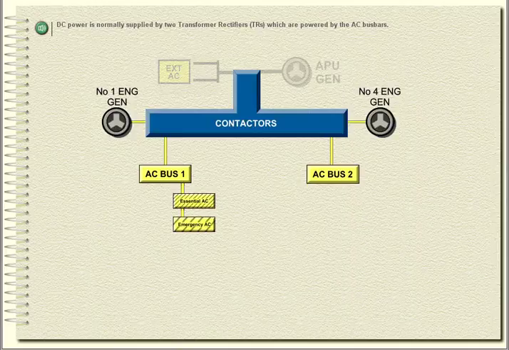DC power. We have now covered sources and distribution of AC power. We will now look at DC power. DC power is normally supplied by two transformer rectifiers, which are powered by the AC busbars.